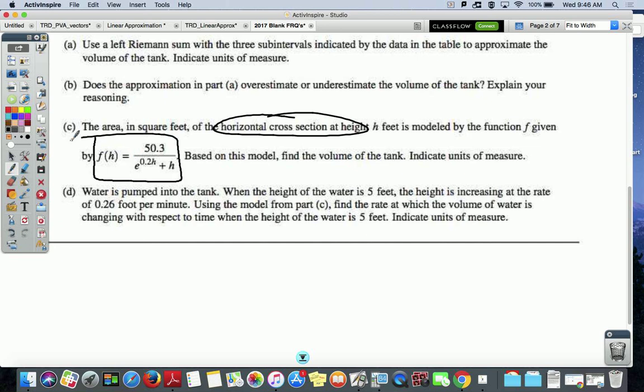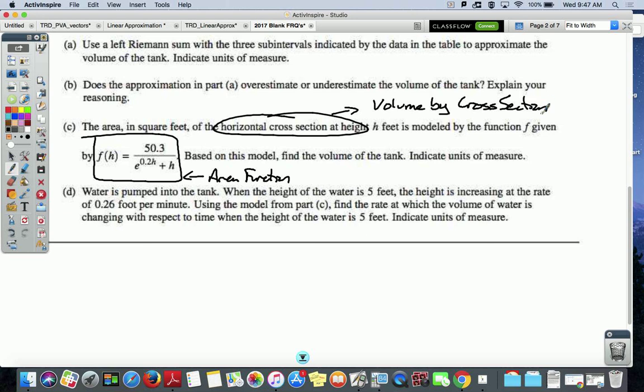This is not a pretty function by any means. But this is an area function. And says cross section. So if I see cross sections, that makes me think of volume by cross section, which is exactly what this problem is getting at.